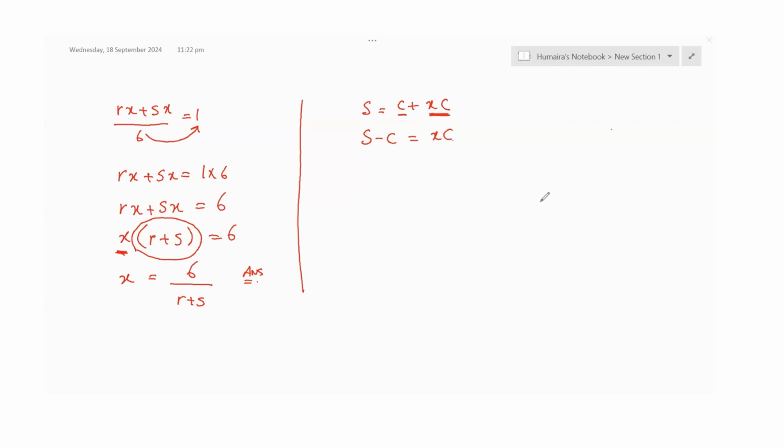Is that clear? Yes. And now we want just X and there is still C present with this X. I have to shift this one also. So C is multiplying. When I shift it to the other side, it will be in the division of this whole thing. Then I will just be left with X. So this is our final answer.